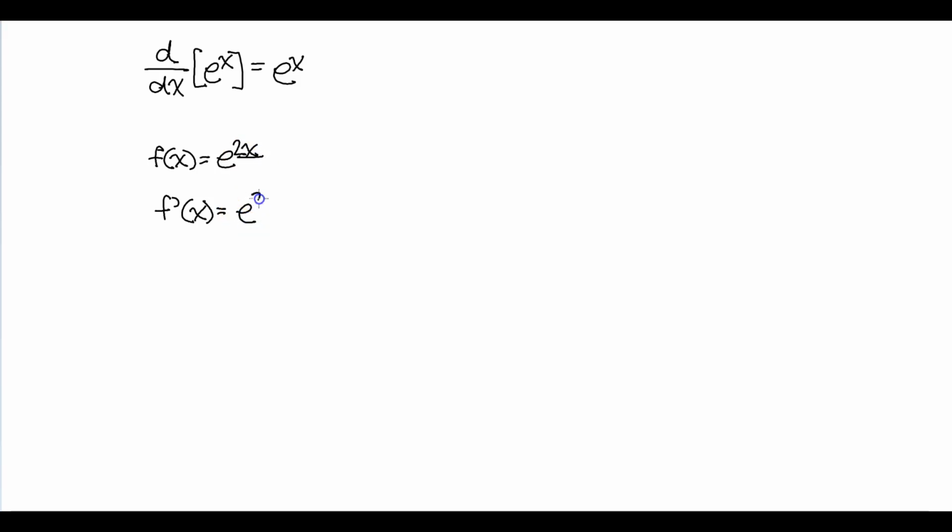So e to the 2x stays itself, times the derivative of the inner function. That's 2. So it's 2e to the 2x. For the exponential function, this is one of the easiest derivatives since it's just itself. There is nothing complicated about e to the x since it's literally itself.